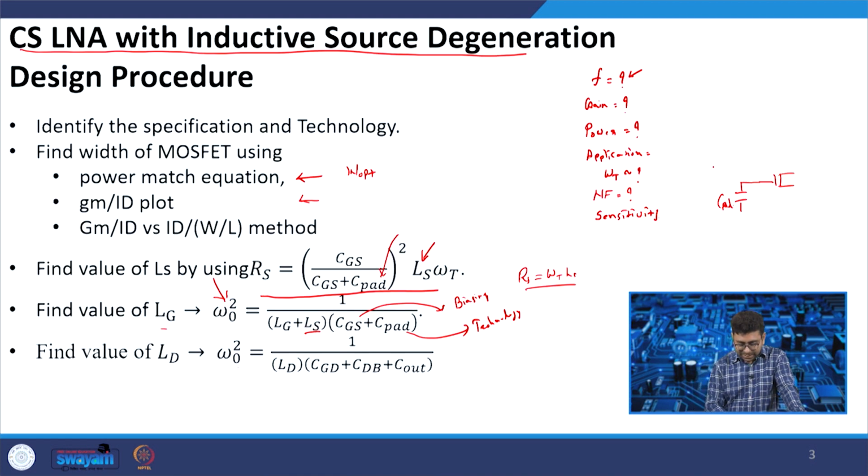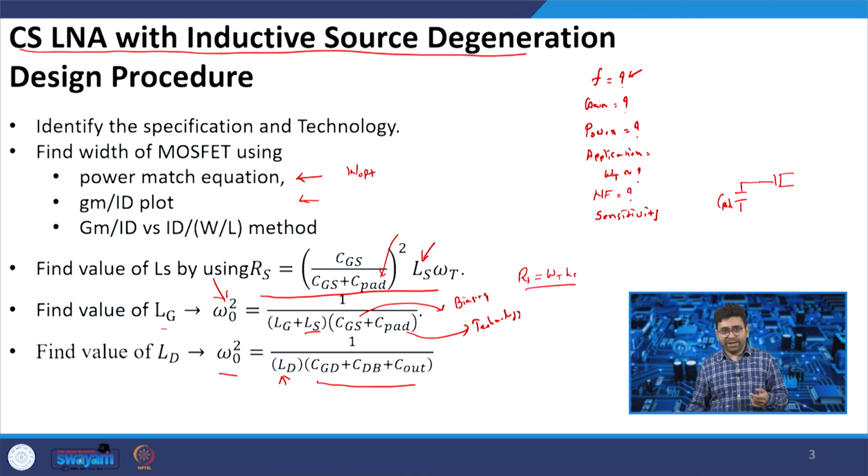So, that is the value of omega naught. We will get the Ld by using this omega naught square. Here we have considered CGD, CDB, the output capacitance and the Ld. Once you have found all the values in the topology, that is a common source LNA with inductive source degeneration, we can make the circuit.